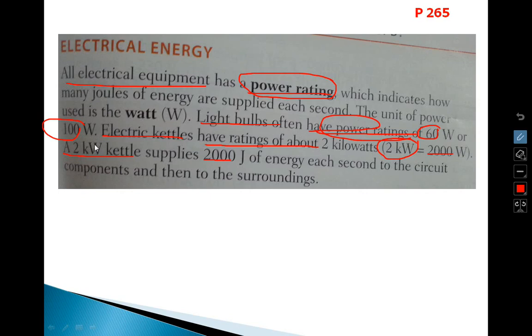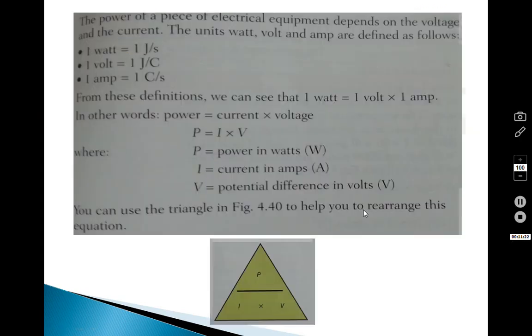A kettle has a rating of 2 kilowatts, which means 2000 joules of energy each second to the circuit component. This is the explanation of power rating or electrical energy.